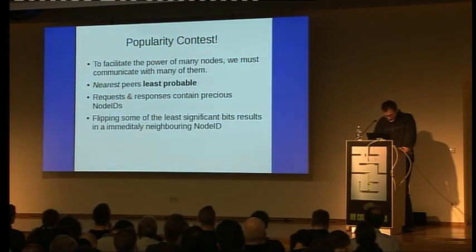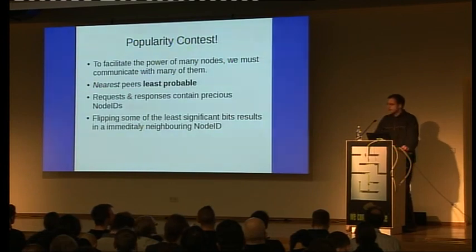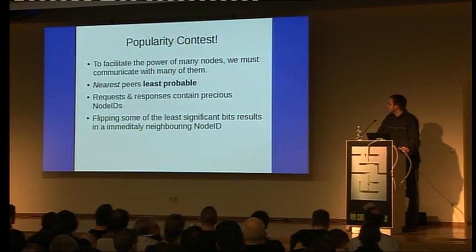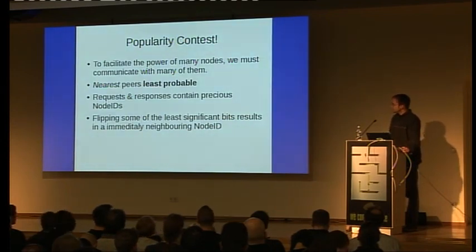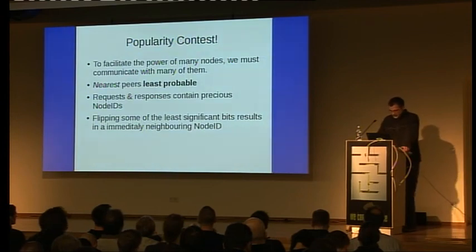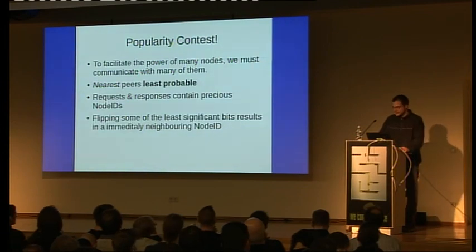The find node request responses also contain these node IDs, precious node IDs, where we can flip some of the least significant bits and become a neighboring node ID. And this is what the title Lying to the Neighbors is about.